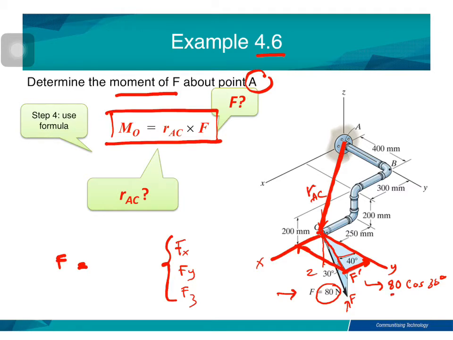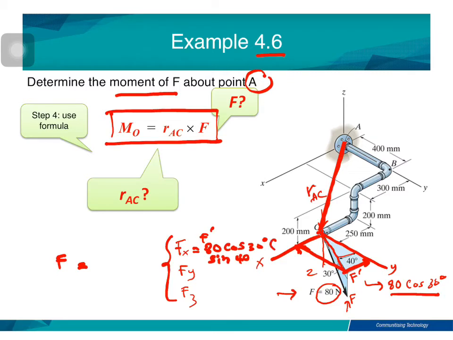So here is the F prime. So Fx is equal to F prime. So we write F prime, 80 cos 30. But we resolve to the x-axis, so we use the sine 40. So here is sine 40.